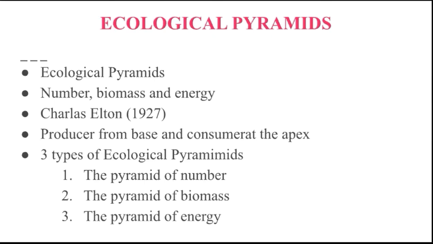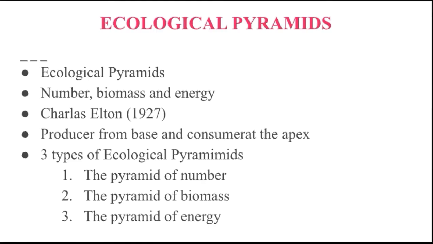A question may arise in your mind: what is meant by an ecological pyramid? Ecological pyramid means the number, biomass and energy of organisms gradually decrease from the producer level to the consumer level, and this can be represented in the form of a pyramid called an ecological pyramid.